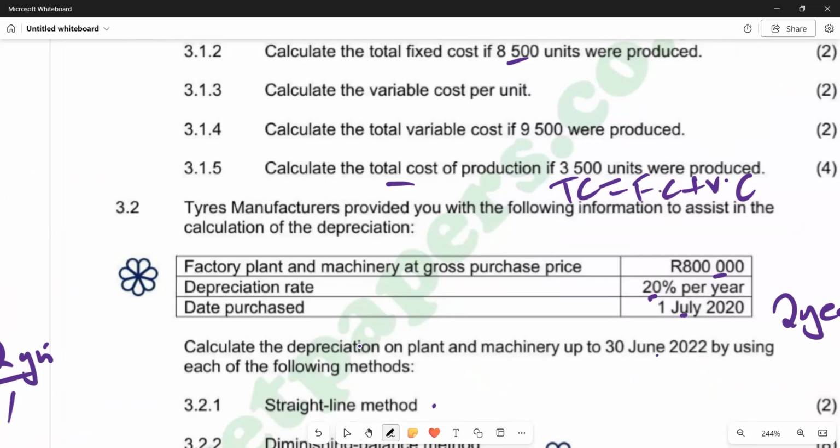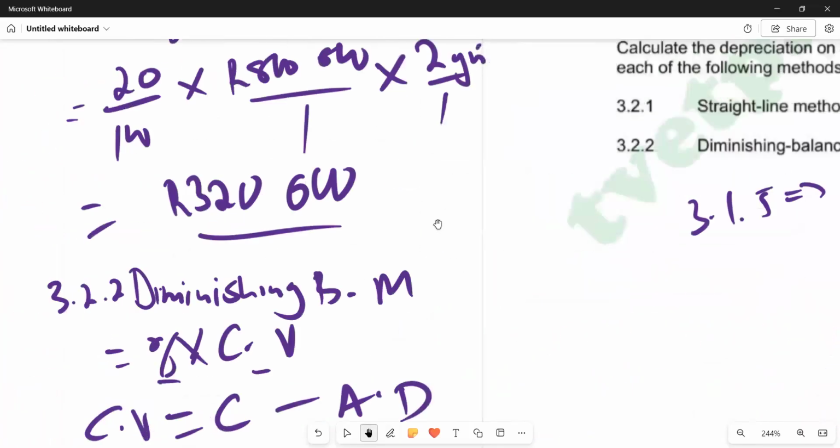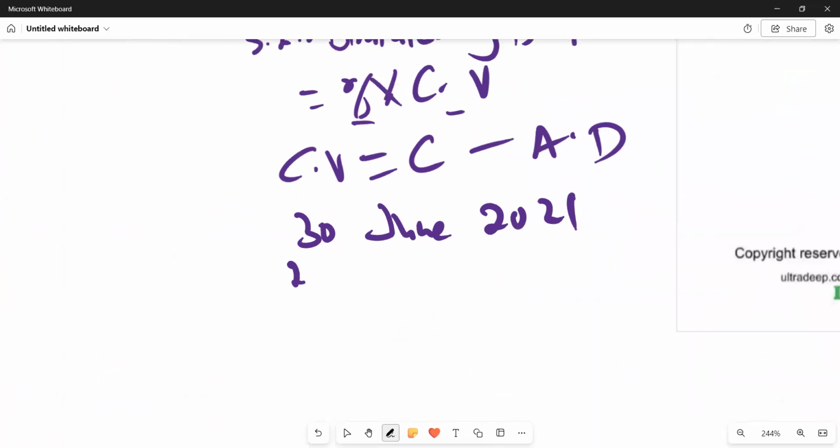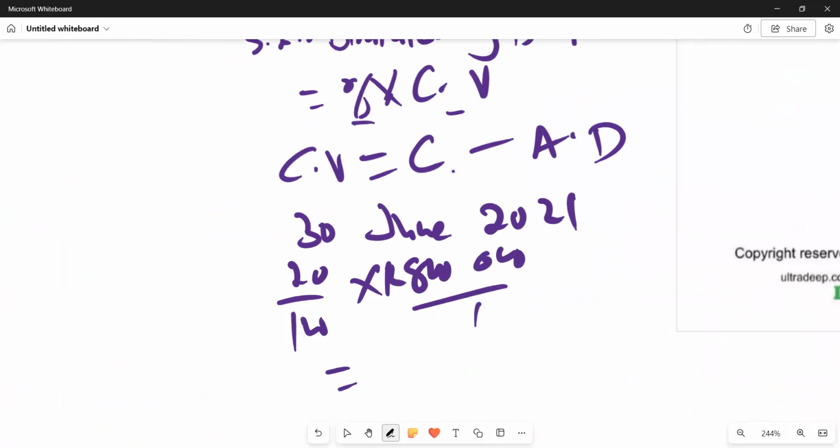So we are just going to say 20% times 800,000 for the first year. So 20 over 100 times 800,000. And then we do that, you are going to get your 160,000. This is depreciation for the first year.